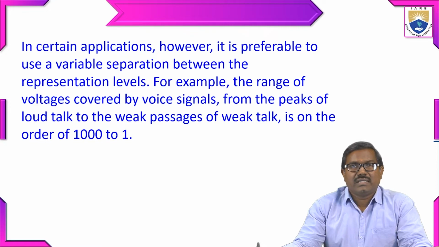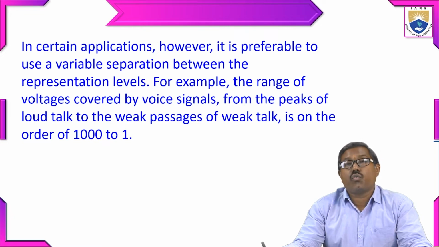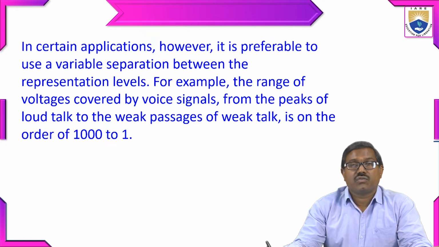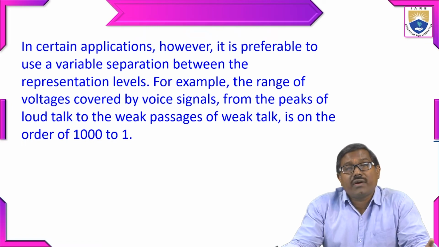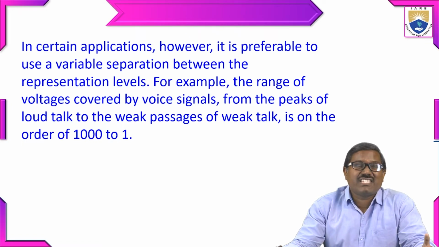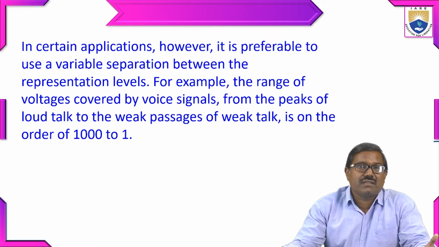This is the application where the uniform quantizer cannot be used. Why? The range of voltages covered by voice signals, from the peaks of loud talk to the weak passages of weak talk, is on the order of 1000 to 1. So there is a very large variation. My uniform quantizer levels are fixed, predetermined levels.